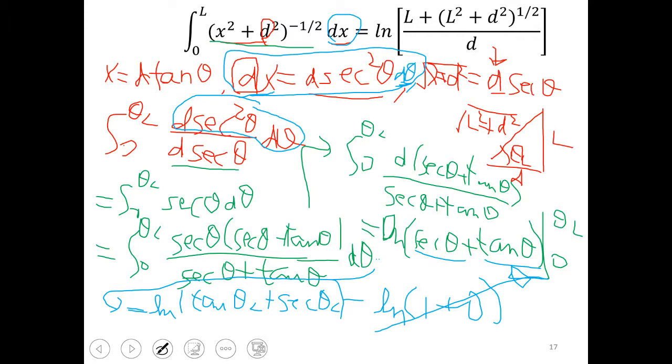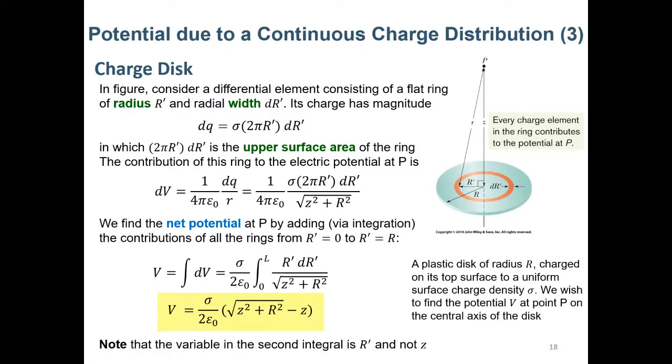And you substitute tangent theta L to be L over D, and secant theta L to be the square root of L squared plus D squared over D. Then it will become this. So this integral is not too difficult.